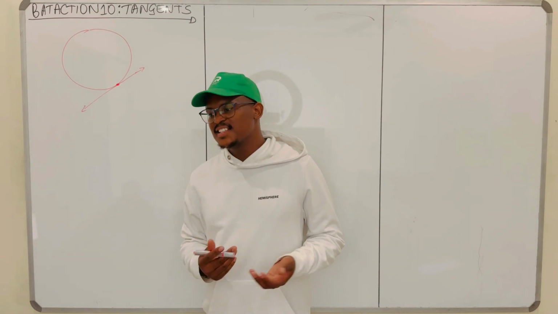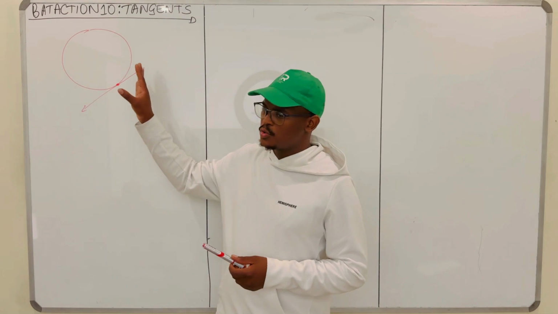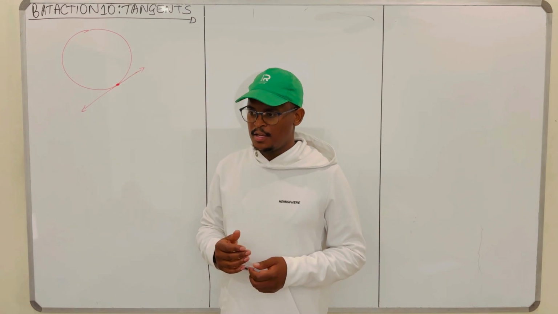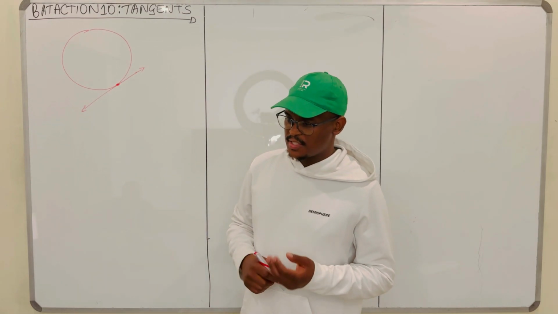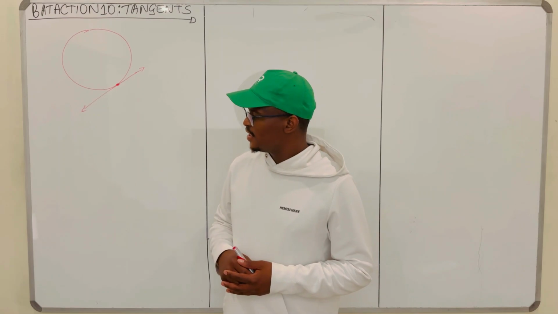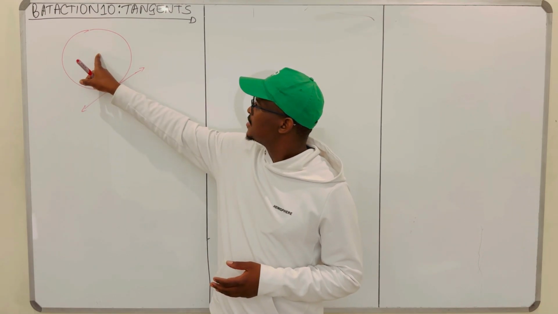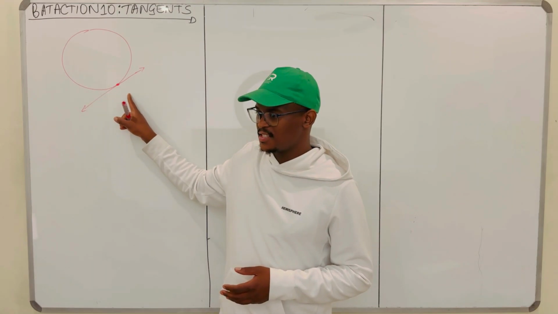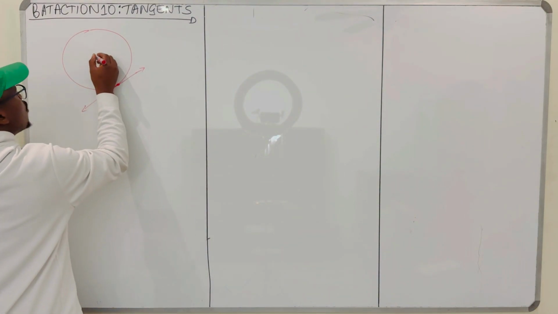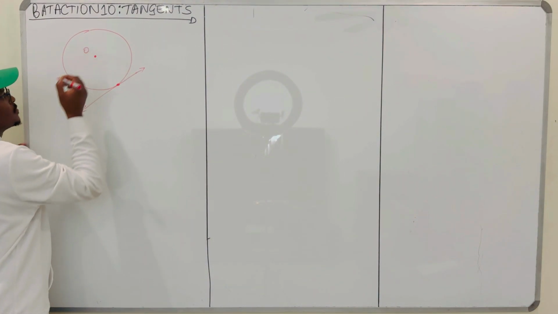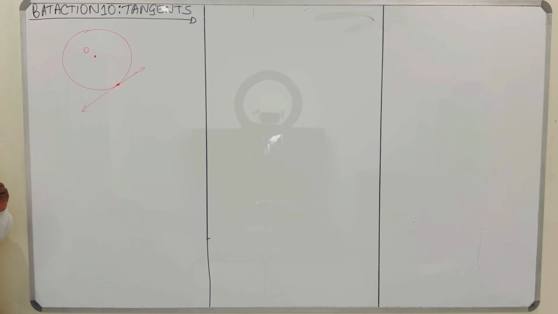Then there are a few things that I will say about tangents, but you should just know what it is. So the first thing that I have to say, if you have a circle like this here and a tangent, and let's say this point O here is the center of the circle.